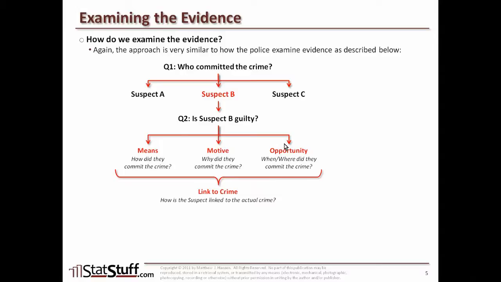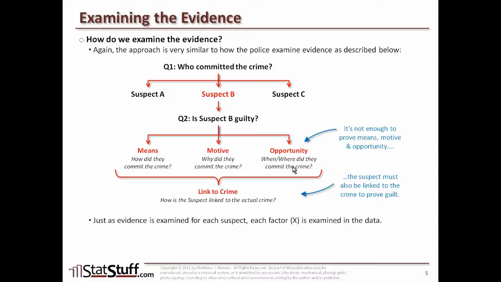And it's not just enough to get those three, but they have to link the crime together. That is, how is the suspect somehow linked to the actual crime? So again, it's not enough just to get the means, motive, and opportunity, but we have to somehow link the suspect all the way to the crime in order to prove guilt. In the same way as the evidence is examined for each of these different suspects, like the police might normally follow in our judicial system example, each of the factors that we're looking at is going to be examined in the data.